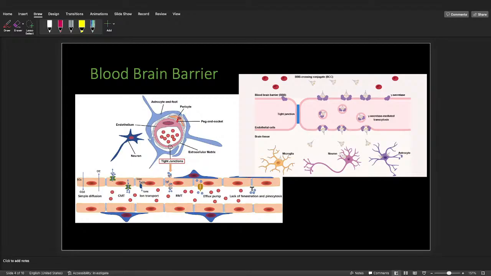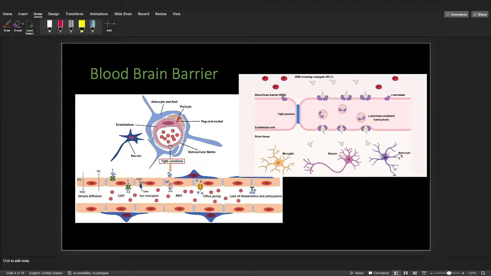You can see here in this image where there are kind of blocks and squares. Those are the endothelial cells. The endothelial cells are basically the true barrier that blocks the flow of certain substances and ions and certain medications from crossing into the brain.